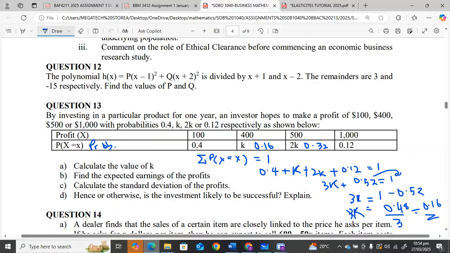So the next part of this question says, hence or otherwise, is the investment likely to be successful? And explain. The investment is likely to be successful because at least we've got an average profit of $384. So if you invest your money, on average, you make $384, which compared to these profits between 100 and 1,000 is reasonably fair.